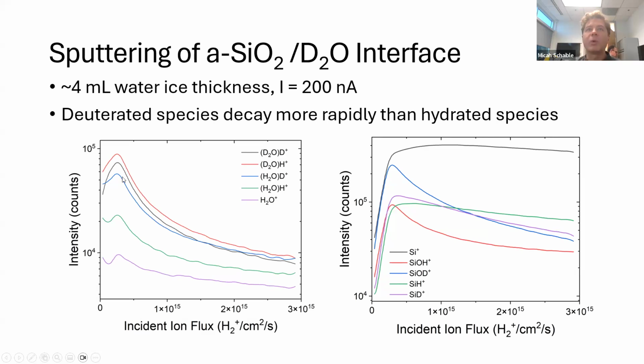But what we do see in all of the spectra that we take is they do pass through this maximum right as these substrate ions are growing in at their maximum rate. And so the assumption is that this is entirely due to the electron transfer dynamics at that interfacial layer between the silicate substrate and the overlying water.